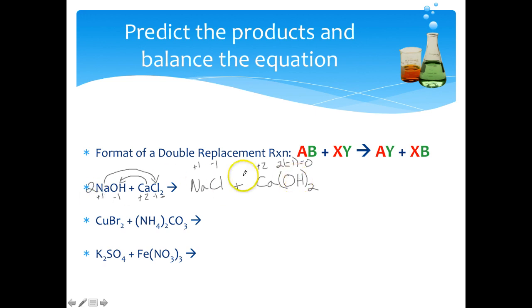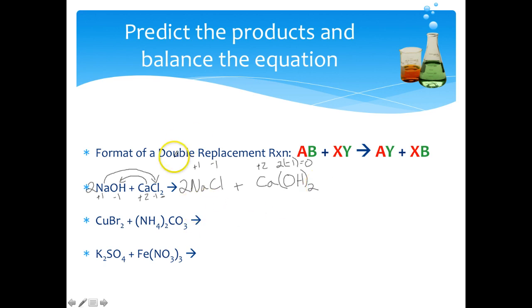That fixes the hydroxides. The sodiums, though, we have 2 sodiums, so we need a 2 here. When we do that, we have 2 chlorines. Going back to the other side, 2 chlorines. We're good to go. Calcium and calcium, 1 each. Excellent. Done. Easy? You try it. Pause the video.